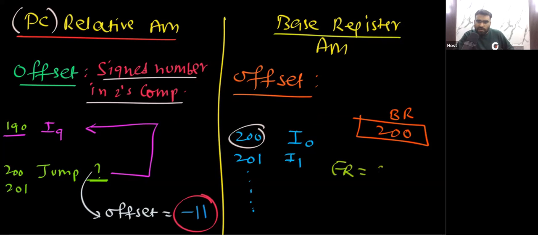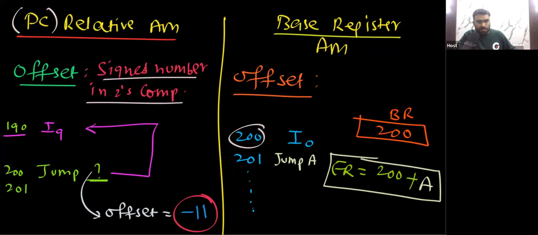The effective address will be this 200 plus whatever value A you have. For example, if I write jump A, the effective address will be 200 plus A. This is fixed. So the offset will usually be unsigned. If nothing is given, this is unsigned.